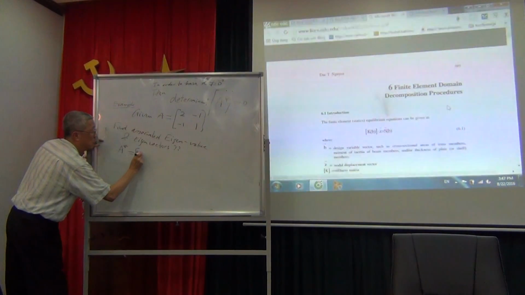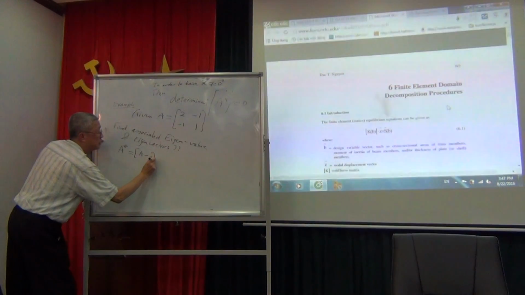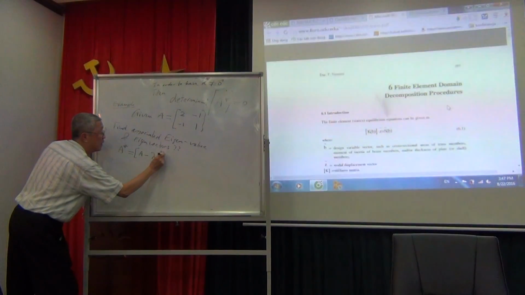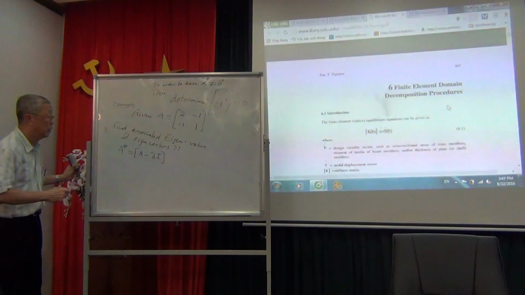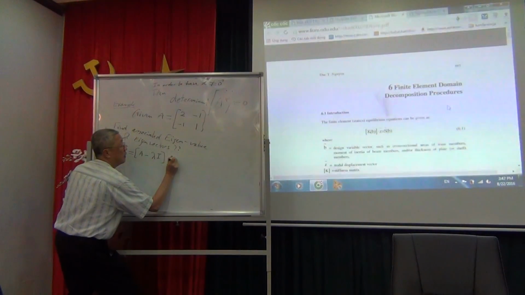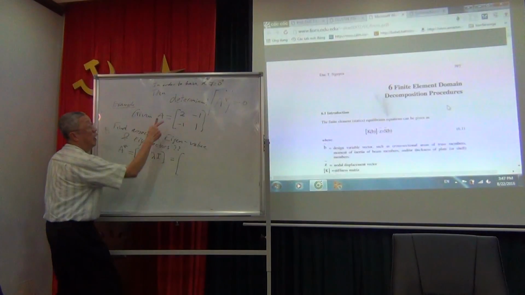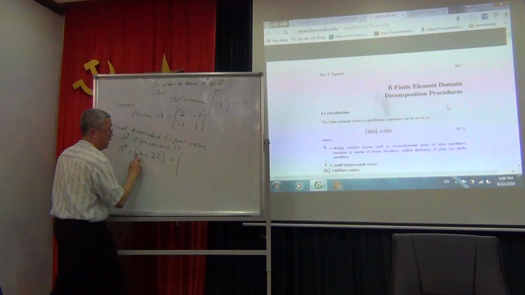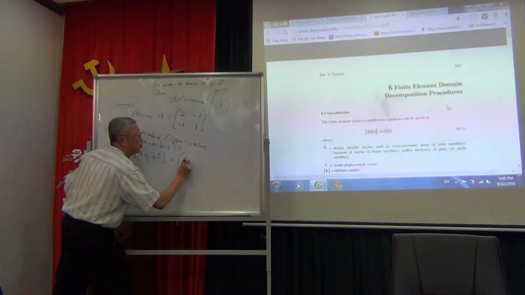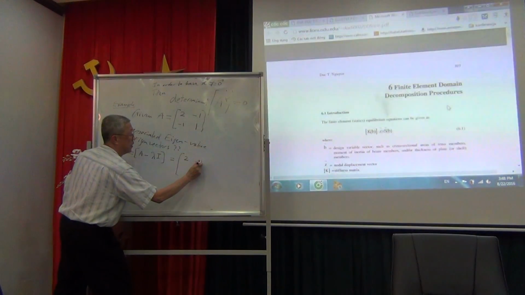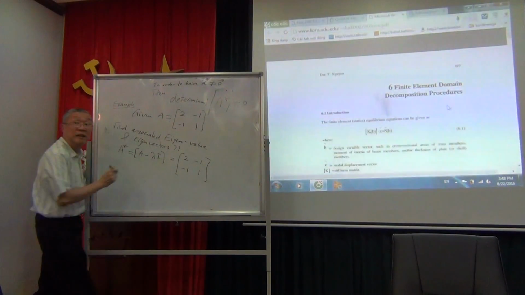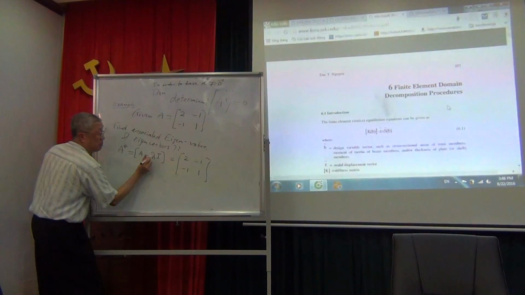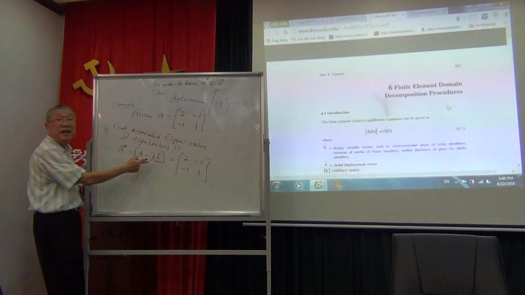Remember A star equals A minus lambda I, from the previous page. So let's plug in the numbers. Matrix A is 2, -1, -1, 1, and then minus lambda times the identity.